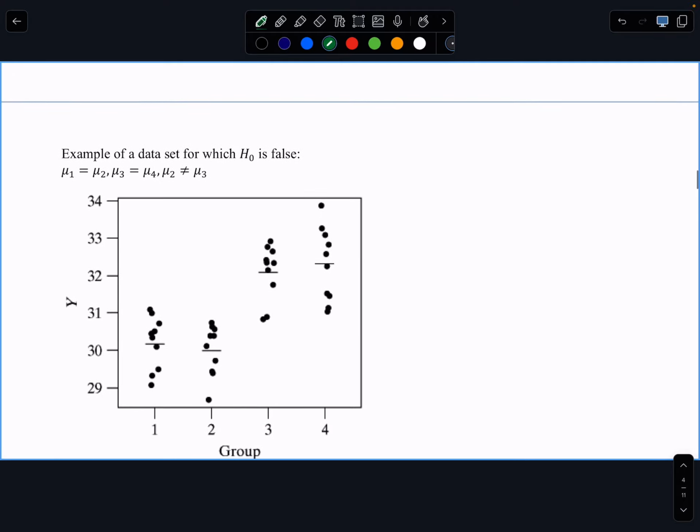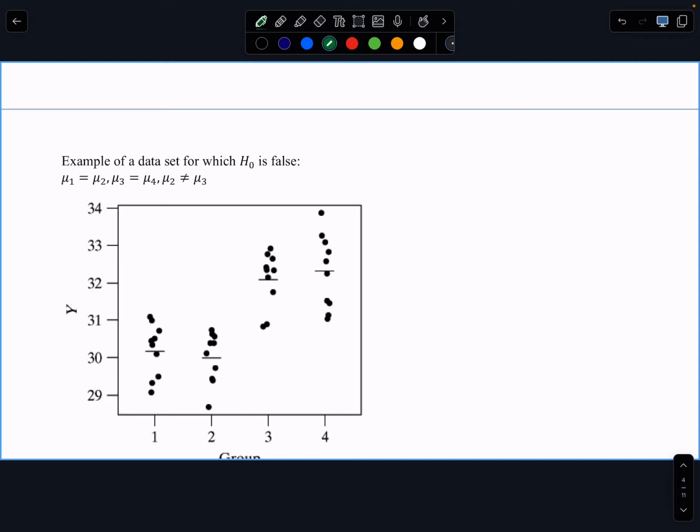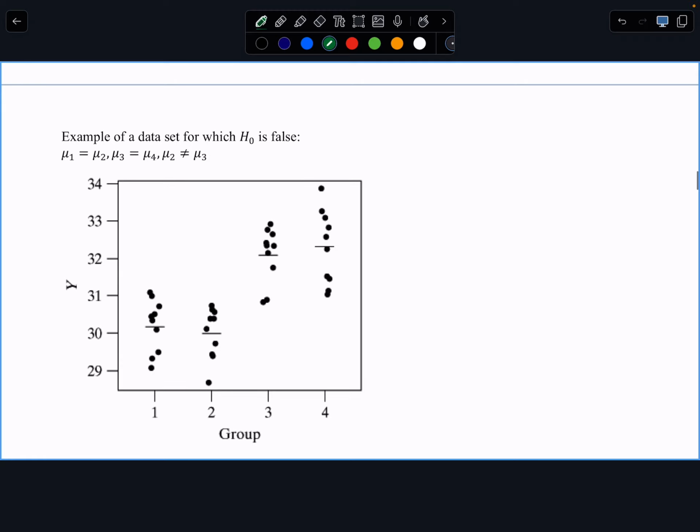In this case, we created this scatter plot or this dot plot or grouped dot plot with the assumption that the mean for group 1 in the population is equal to the mean of group 2. Here we have y bar 1 and y bar 2. They're almost equal in value, right?